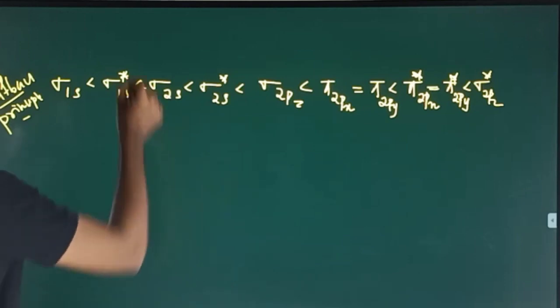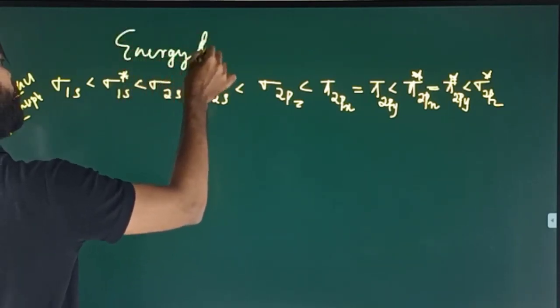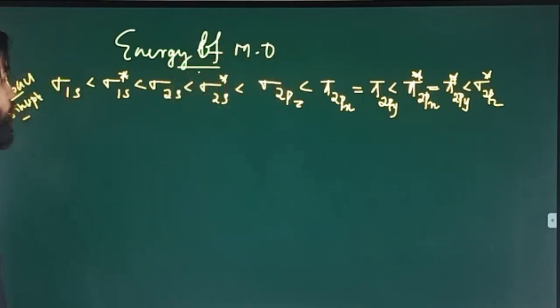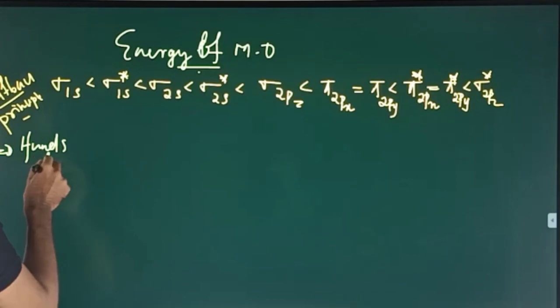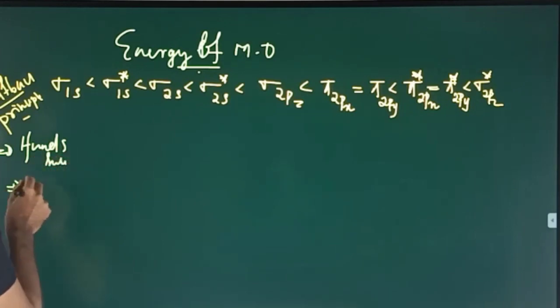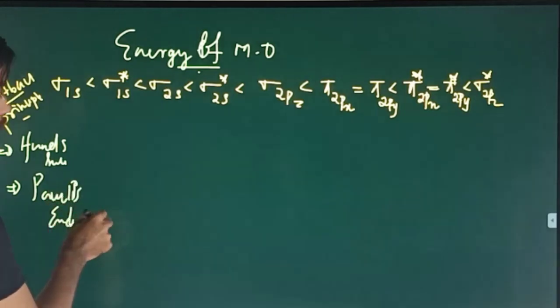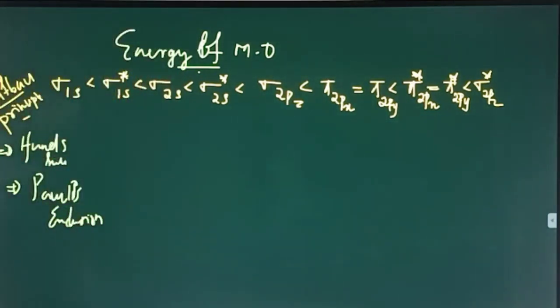This is the energy order of molecular orbitals, and the electronic configuration also obeys the Aufbau principle, Hund's rule, and the rules which are obeyed in your atomic orbital configuration. That means it obeys the Aufbau principle, Hund's rule, and the Pauli exclusion principle. Okay, fine. But there is an exception.